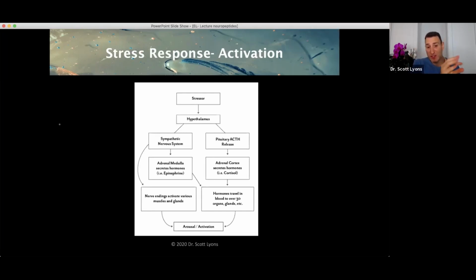The sympathetic nervous system will innervate various muscles and glands through nerve endings to be responsive. All of this is happening to create what's called an arousal activation, which is the energy readiness to respond to the stimuli.